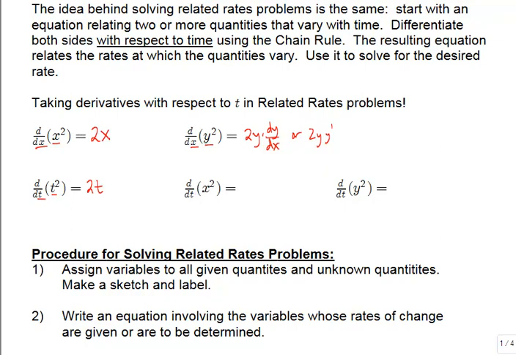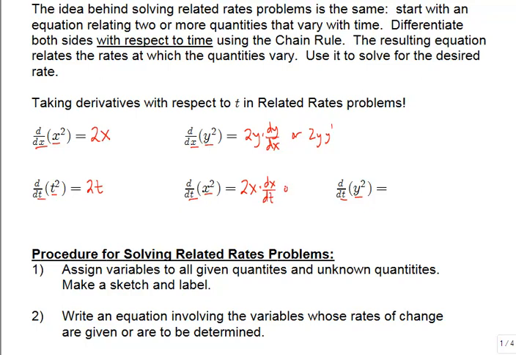This time, if we take the derivative of an x term or a y term with respect to t, so that this variable and this variable do not match, then we need to take our normal derivative of the term, just like we would expect, but then multiply that by either dx/dt or dy/dt. So for example, the derivative of x squared is 2x, but this time we multiply that by our derivative, which would be dx over dt.